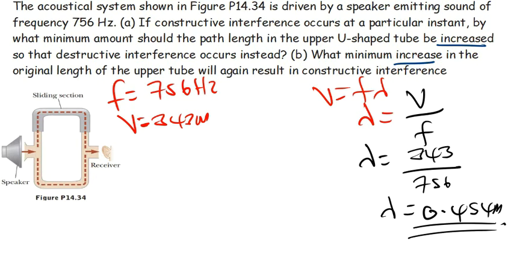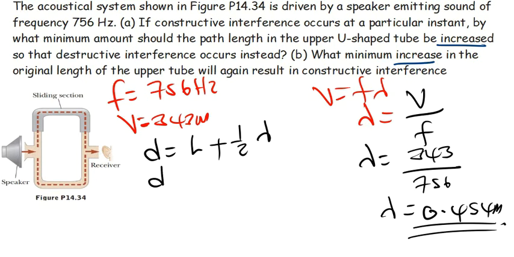Now, for destructive interference to occur, remember, we have not been given any original length. In fact, we're not even interested in the original length. So for destructive interference to occur, the original length must be increased by half a wavelength.